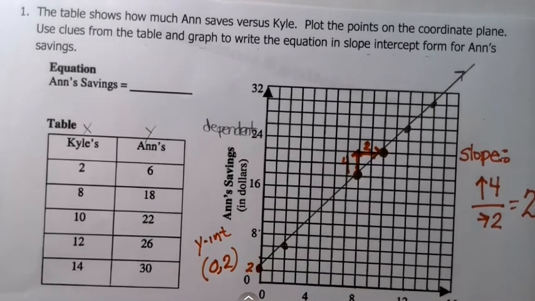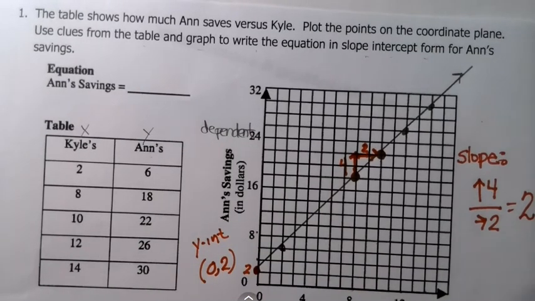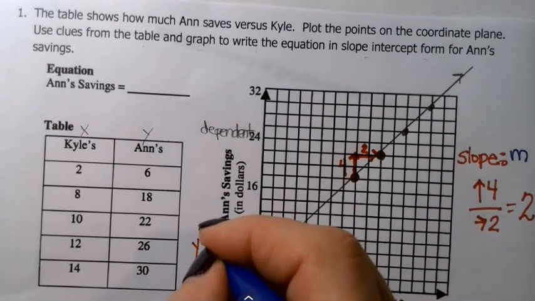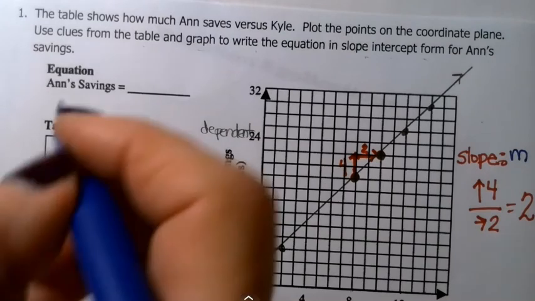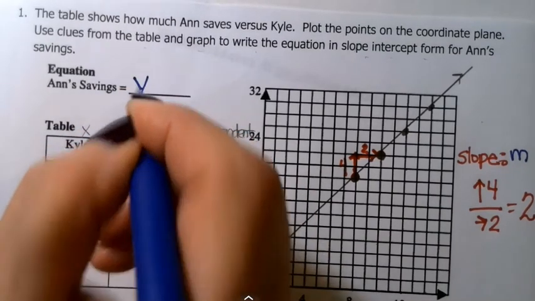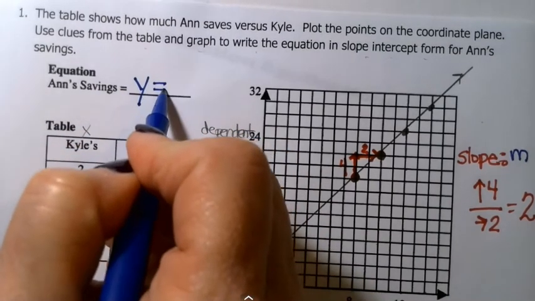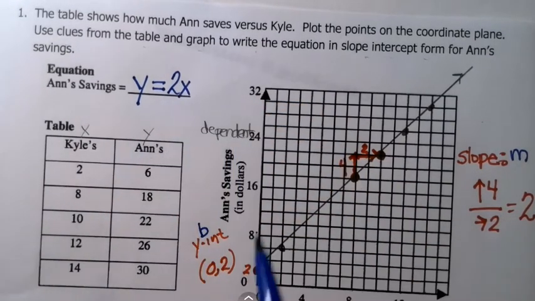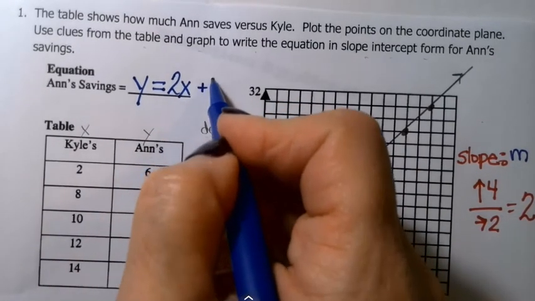And given those two pieces of information, you can write your equation in y equals mx plus b, where slope, remember, is your m, and b is your y-intercept. So my equation would be that y, Anne's savings, is equal to m, which is 2, multiplied by x, plus b, which is 2.